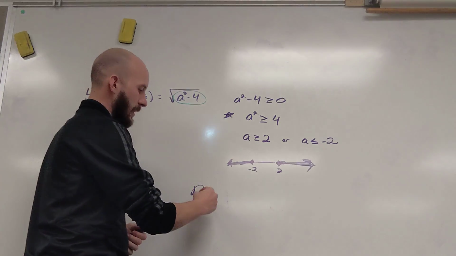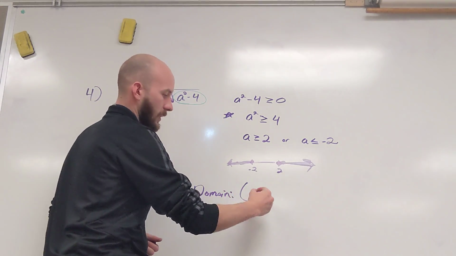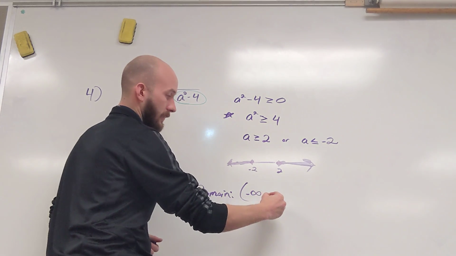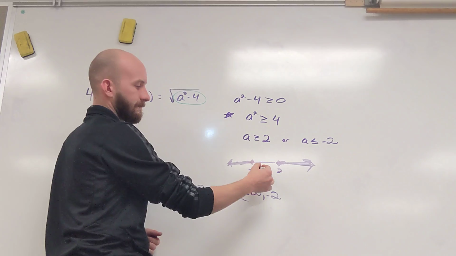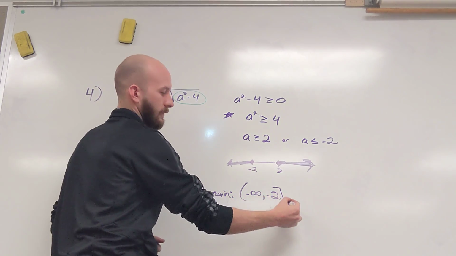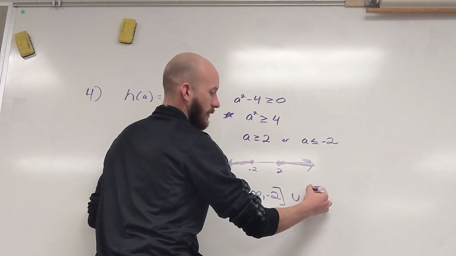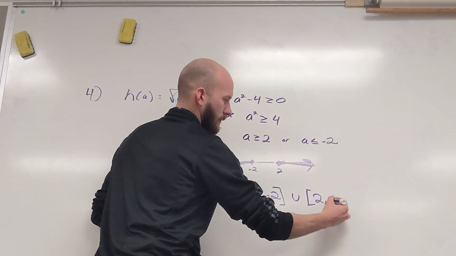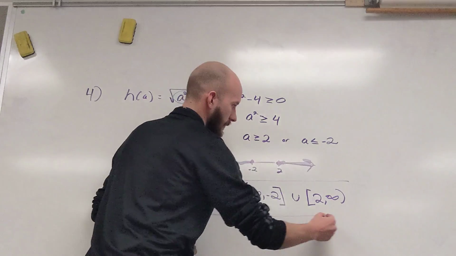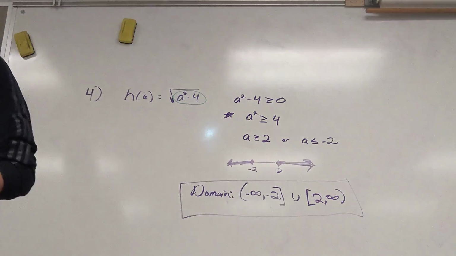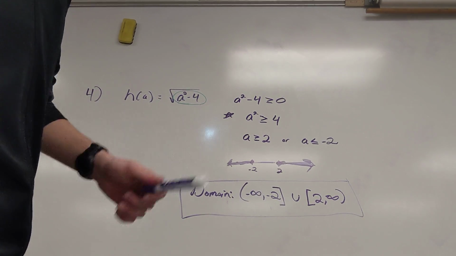So yeah, your domain, I would probably use interval notation, negative infinity, and then bracket, bracket. And then I have a second one, so union to infinity. And I believe that is the last one. Yep.